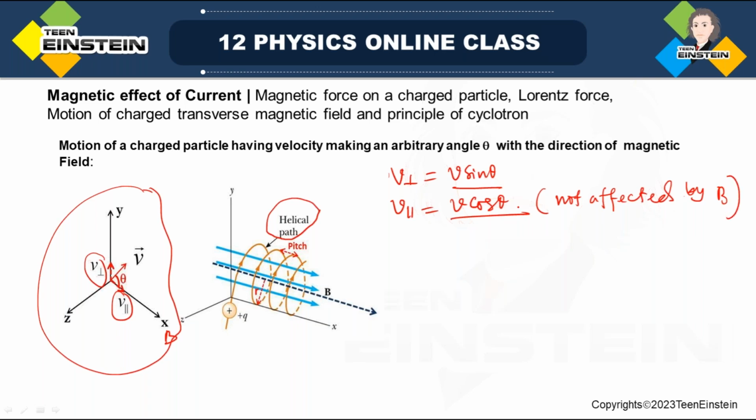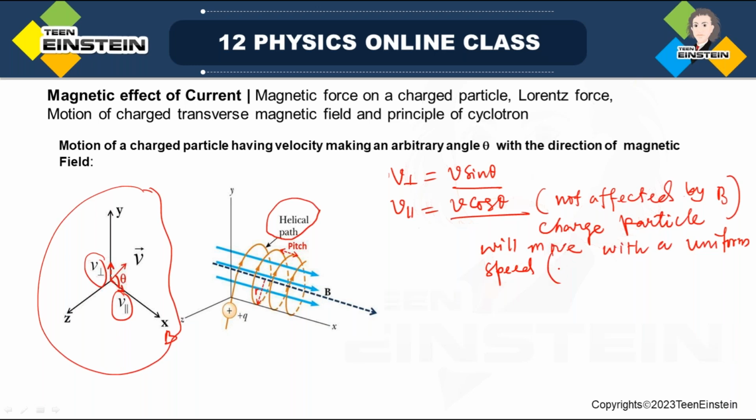So the charged particle will move with a uniform speed, that is V cos theta, along the x-axis or along the magnetic field direction.